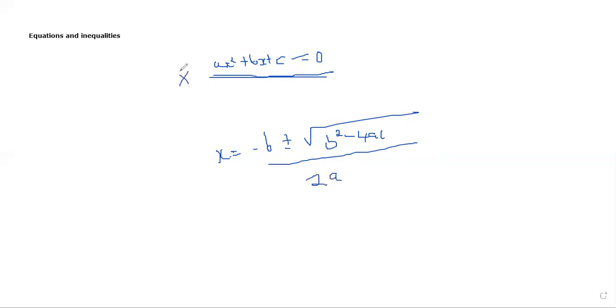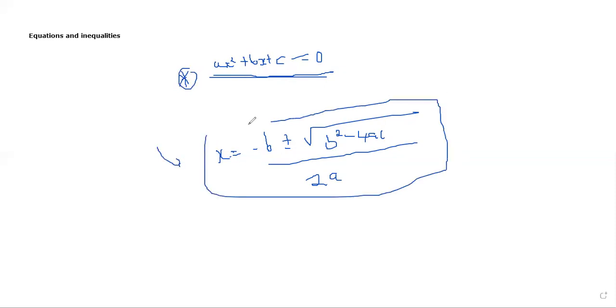If you were to complete the square here, this will be the final answer. So this is our quadratic formula.